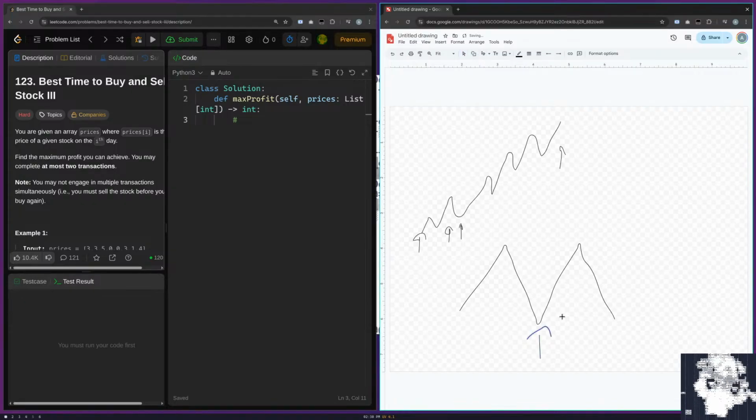The best single transaction would be from here to here. And then you're not trying to find a split, you're just adding the second best to it. So sometimes the second best doesn't intersect with the best, and you just find the two best, and that's the answer. Sometimes the second best intersects with the best, in which case that doesn't help you at all. And then what you need to do is find the way to split the best into two.